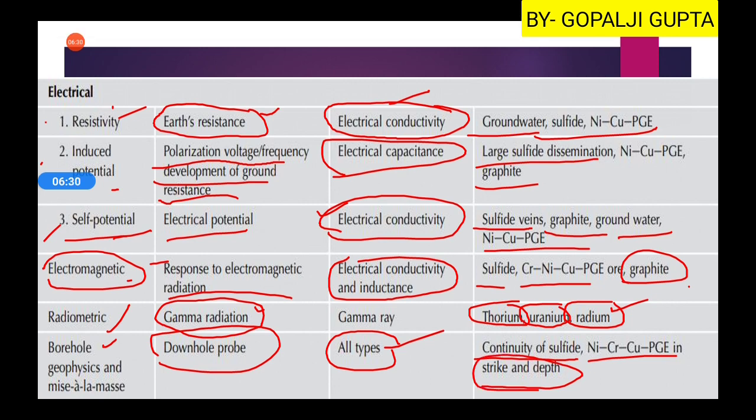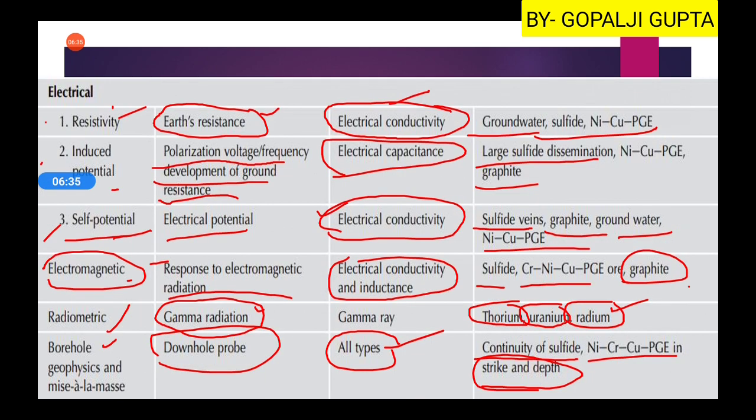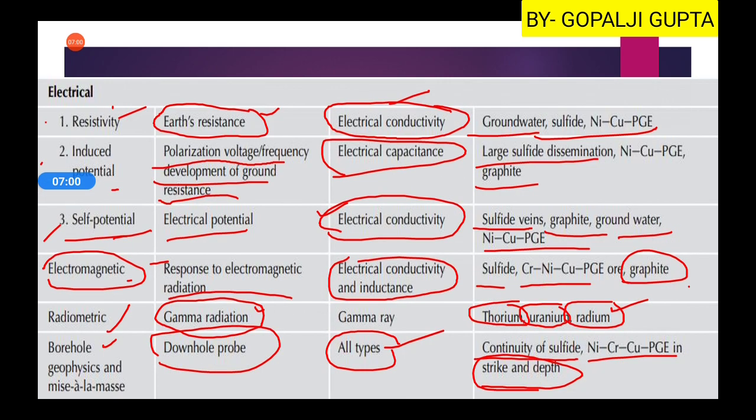So these were the methods like seismic, gravity, magnetic, electrical, electromagnetic, radiometric, boreholes. Generally these methods are used for geophysical exploration, and the questions and numericals in geophysics are mainly based on these methods. So you know the methods, different parameters, physical properties which we get from these methods, and the mineral deposit type which we can identify by using these methods.